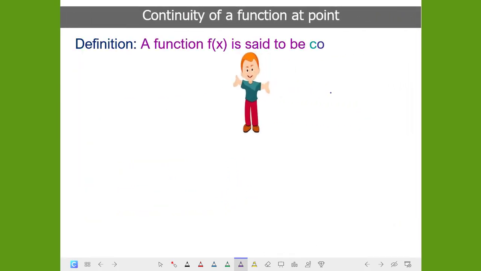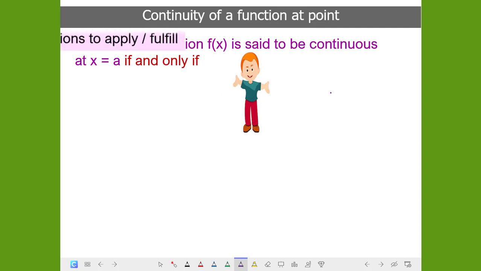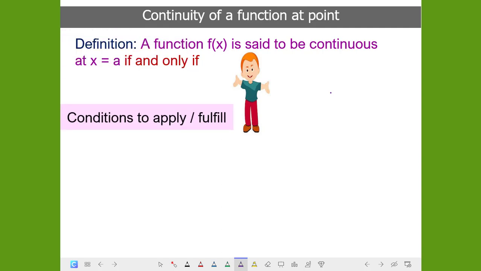The continuity of a function at a point. Definition: a function f(x) is said to be continuous at x equals a if and only if it satisfies three conditions. First, f(a) is defined.